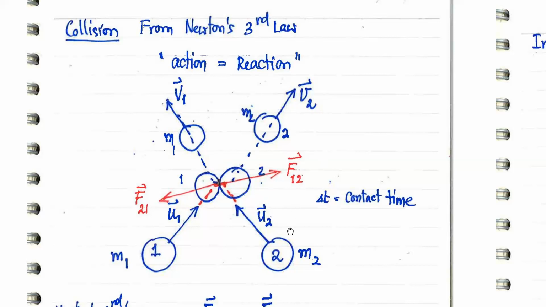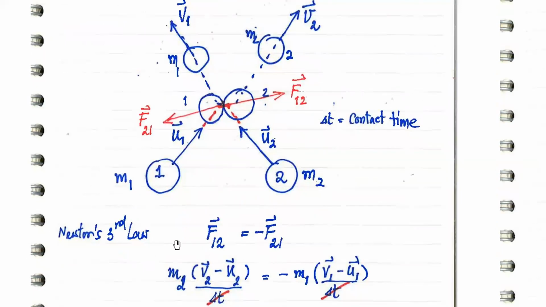Now, if we take a look, starting from Newton's third law, we said F12 equal to minus F21.